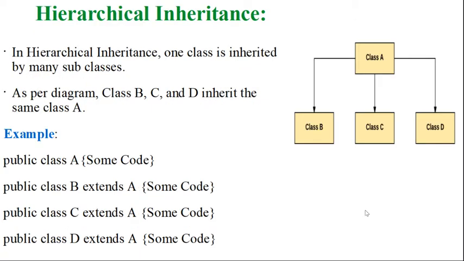The third one is hierarchical inheritance. If I talk about class A, this is the base superclass, and all these are the subclasses which acquire the same property which A has. In a real-time example, suppose this is a car, having properties of engine and brake, and these are different companies, suppose Maruti, Hyundai, Honda, which acquire the properties of this car.